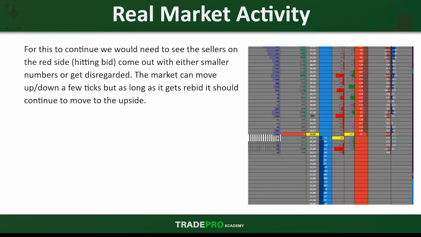Real market activity. For this to continue, we would need to see the sellers on the red side hitting the bid, meaning coming out on either smaller numbers or getting disregarded if we're going to see the upside hold out, right? The market can move up or down a few ticks. As long as it gets rebid, it should continue the upside move.